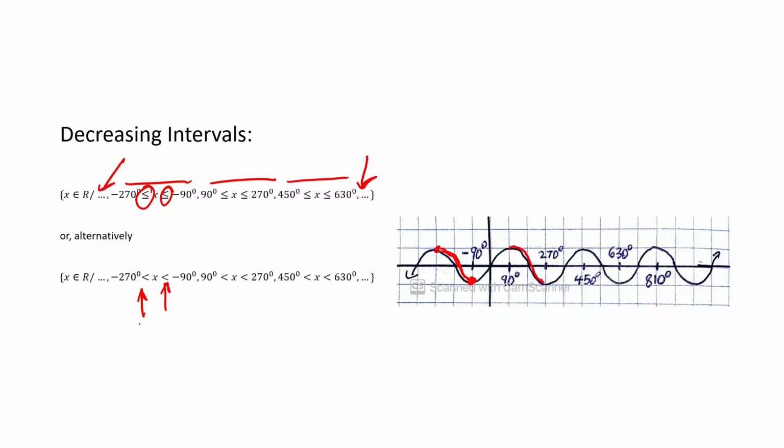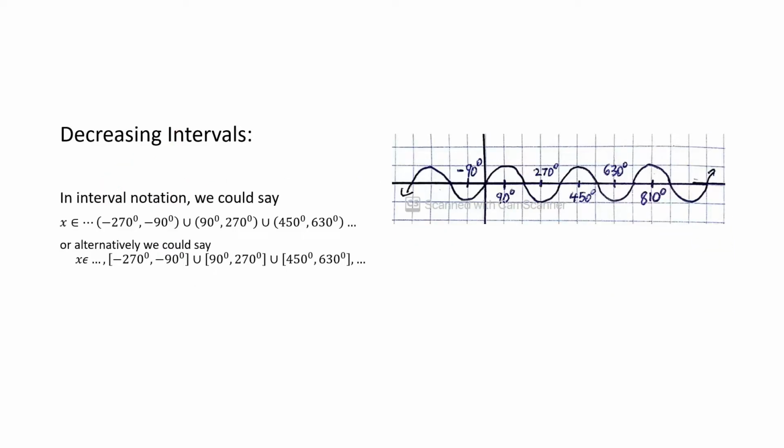If you want to think of it like the textbook thinks of it, then you won't put the equal to sign when you state your decreasing intervals. Or you could, if you think of the definition the way that I do. Okay, there's your decreasing intervals.